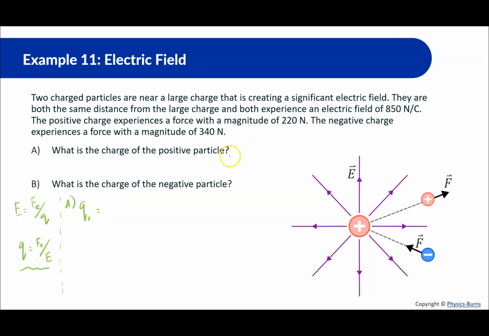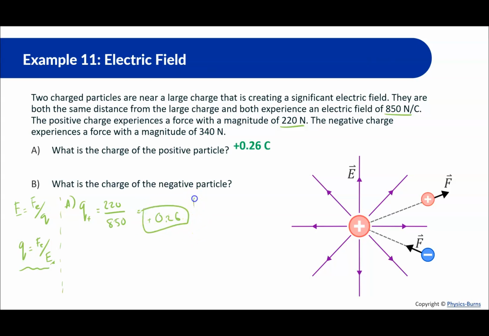The positive charge experiences a force of 220 newtons. So it's going to be 220 divided by the electric field, which is 850 Newton per coulomb. Okay, so let's see what this is. 220 divided by 850, and we get 0.26. And it's positive because it says it's a positive charge.